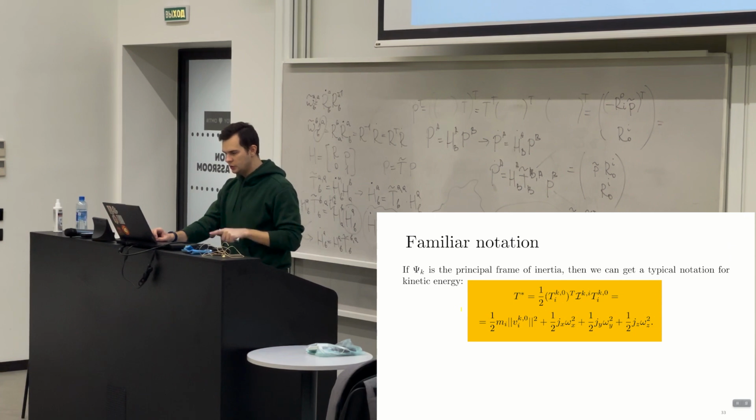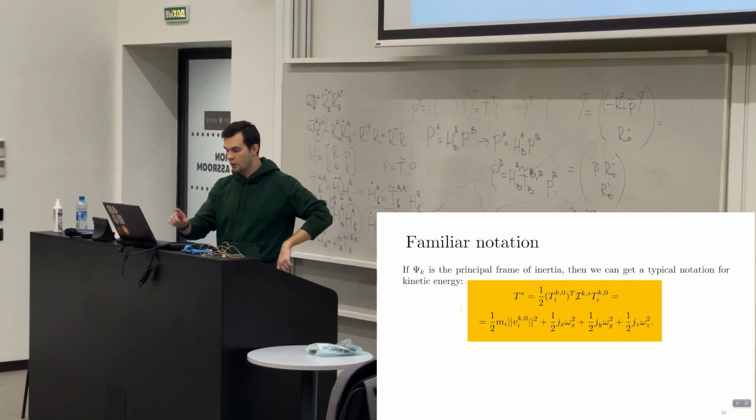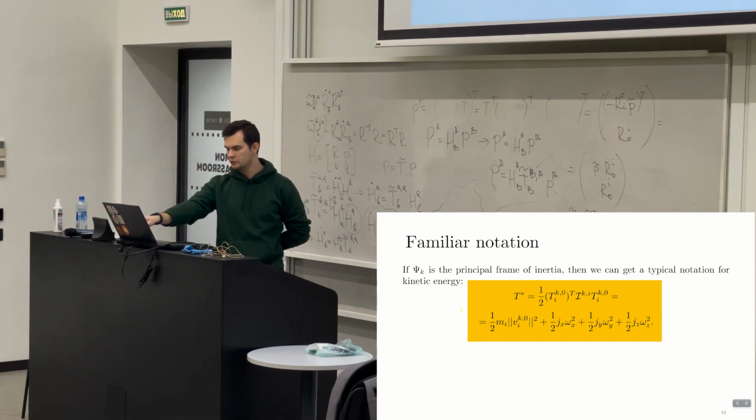So if we do the multiplication, we'll find out that it is equal to, I already erased it, 1/2 times m times v to the power 2, and all the components for angular velocity for all the moments of inertia.